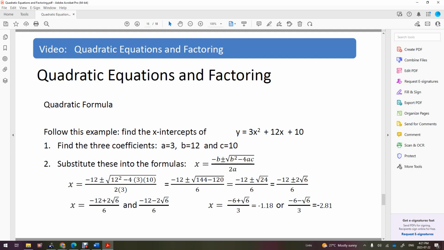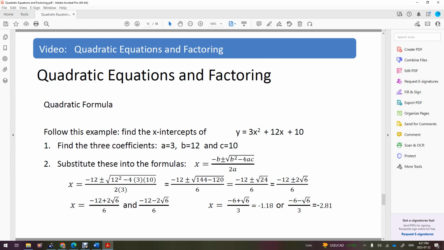So as you can see, we take negative 12 plus or minus the square root of 12 squared minus 4 times 3 times 10, all divided by 2 times 3.